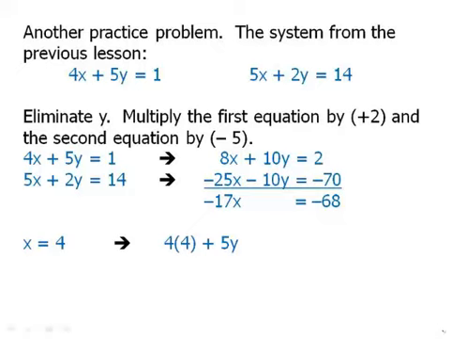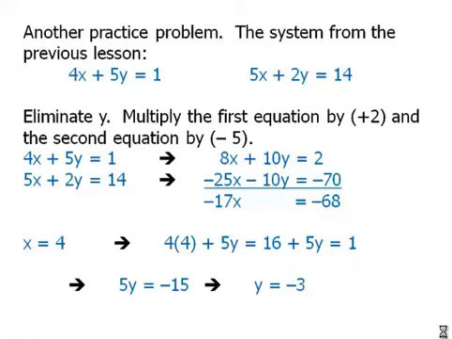I'll plug it into the first equation and get 16 plus 5y equals 1. Subtract 16 from both sides, 5y equals -15, y equals -3. And so the solution to that system is very simply x equals +4, y equals -3.